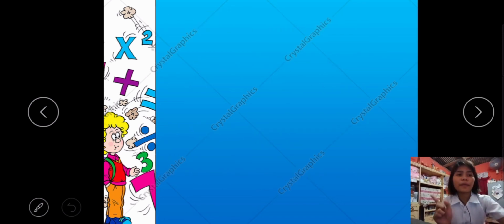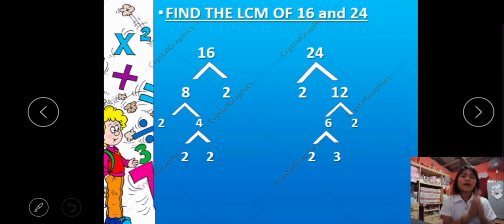I have here some examples. Find the LCM of 16 and 24. To find the LCM of 16 and 24, we need to factor 16 and 24. In factoring the number 16, we have 8 times 2. So 2 is now a prime number.